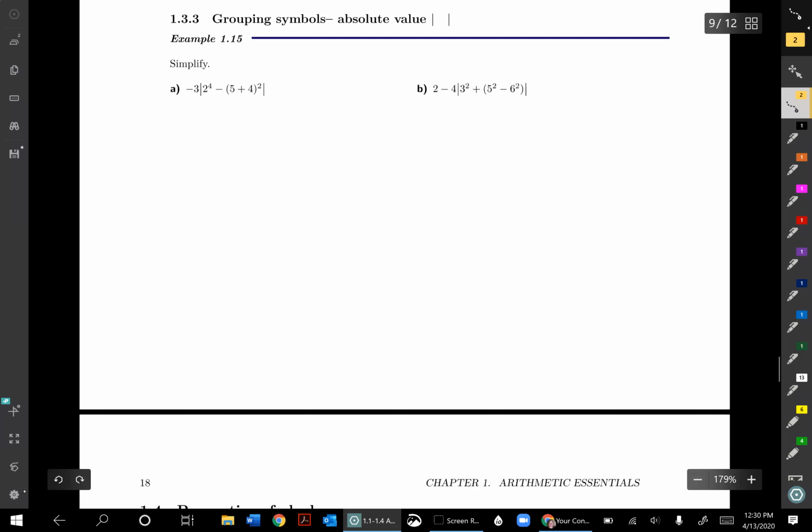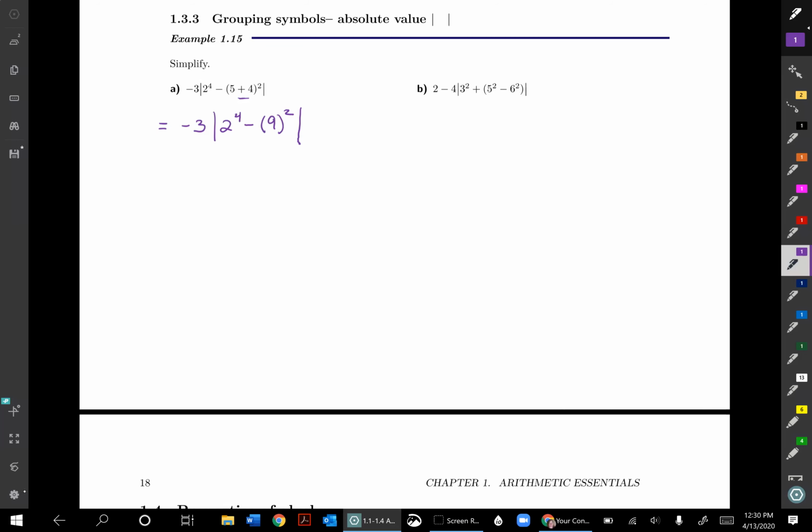So we would start with just the innermost parentheses, carry the rest down for now. Negative 3, absolute value, 2 to the 4th minus 9 in parentheses, 9 squared. That's important because we want to make sure we get that sign right.